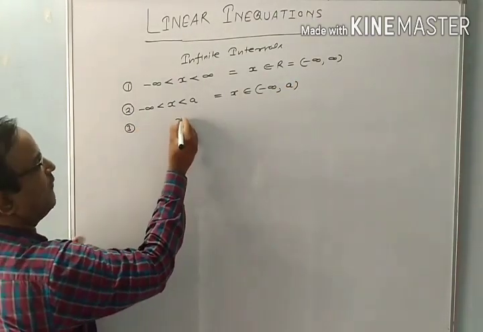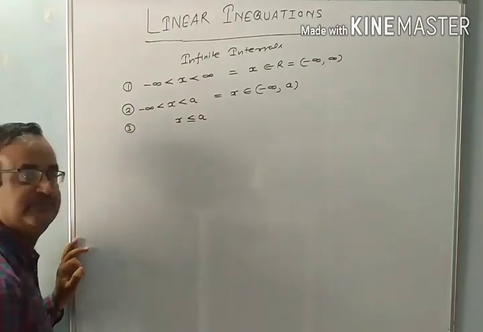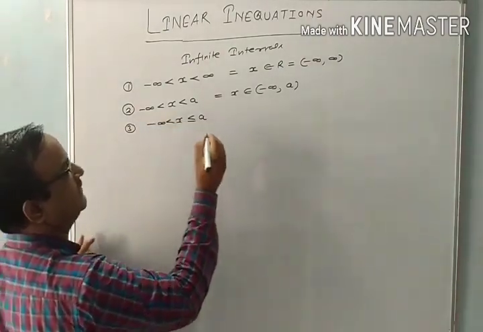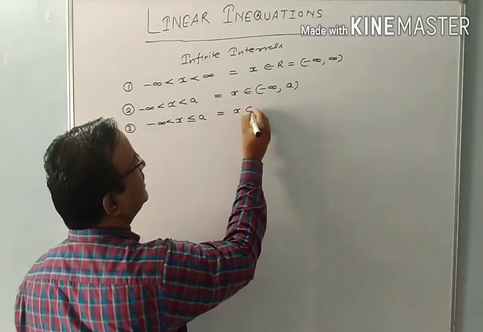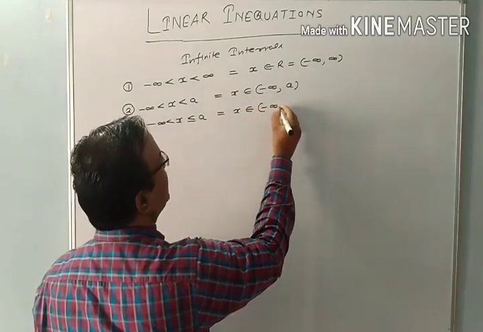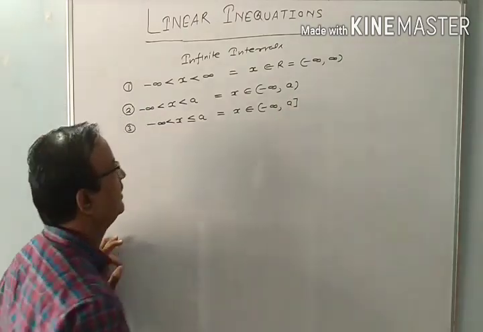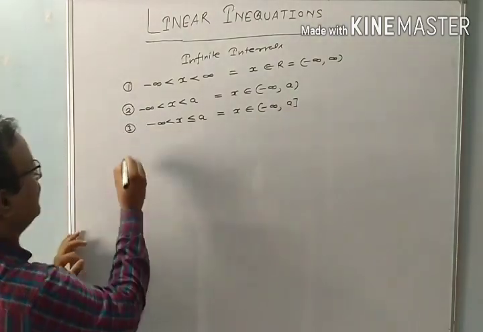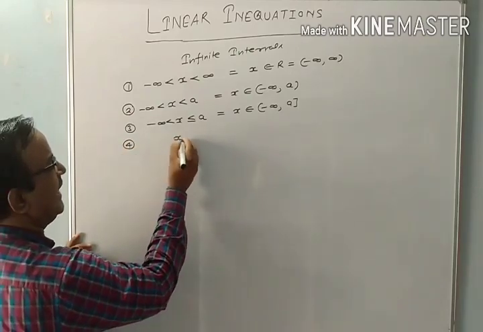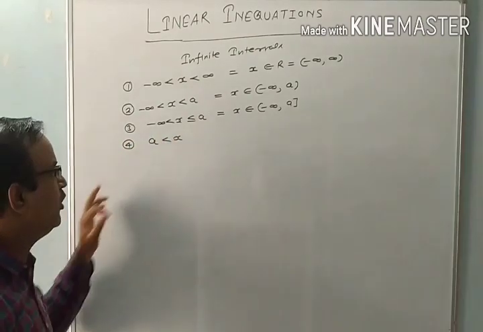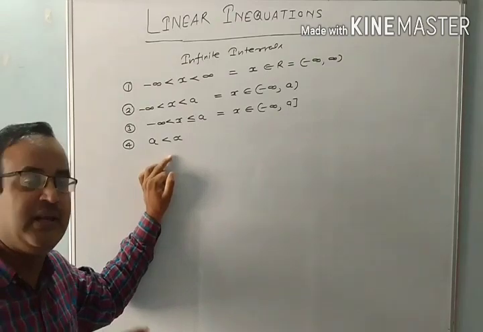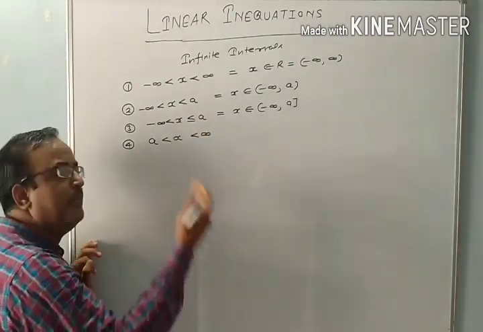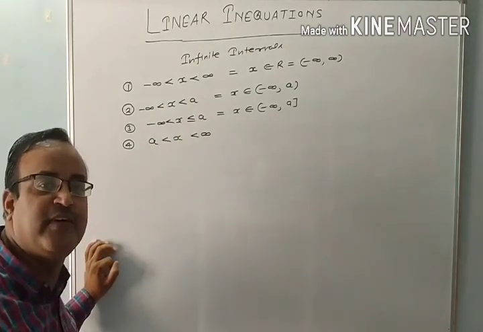Third, if the value of x is less than or equal to a, then the value of x is always more than minus infinity, and we write x belongs to open minus infinity to a closed. So this is an open closed interval. Fourth, the value of x is more than a but less than infinity. If the value of x is more than a number, then it is always less than infinity.